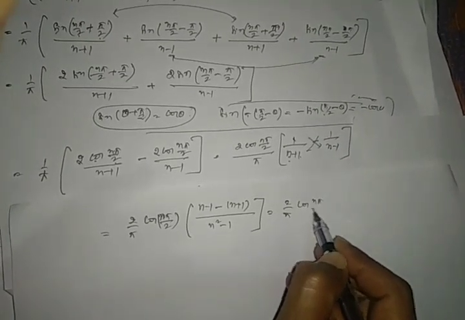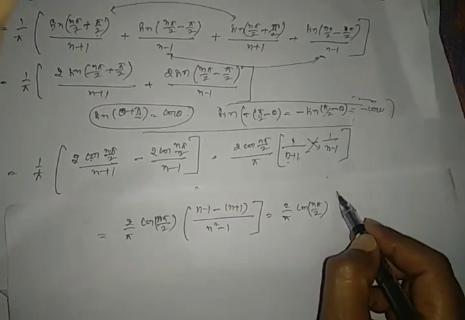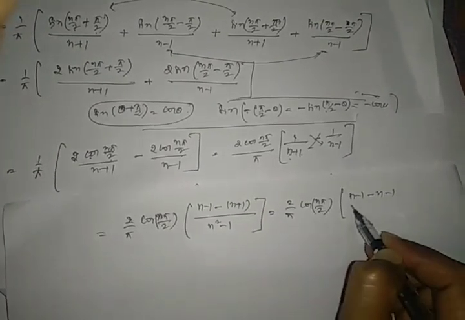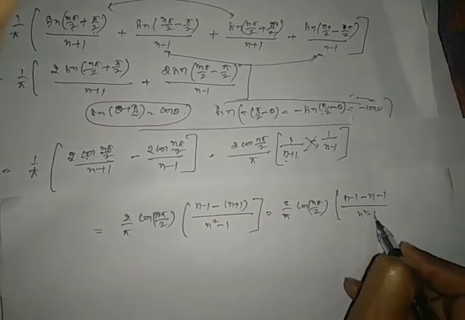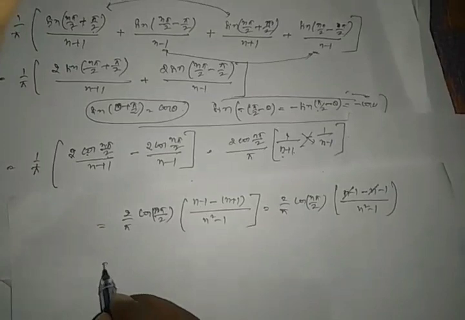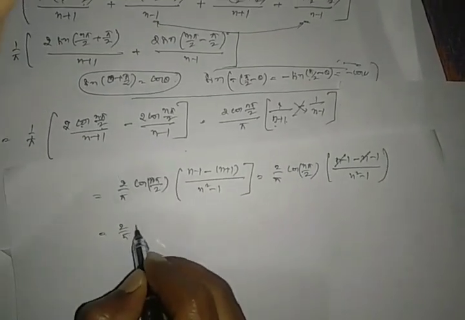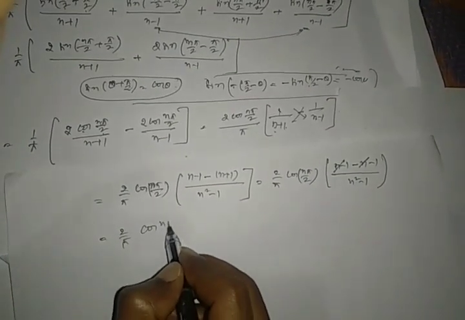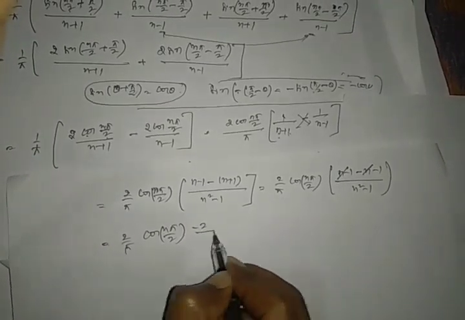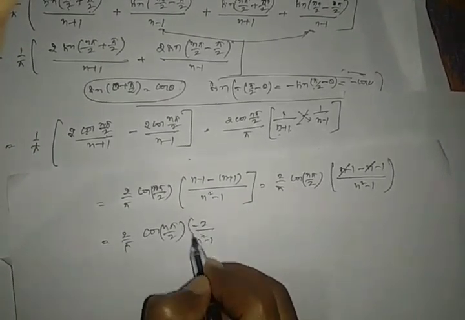cos n pi by 2 into n minus 1 minus n minus 1 by n square minus 1, plus n minus n cancel. It is 2 by pi cos n pi by 2 into minus 2 by n square minus 1.